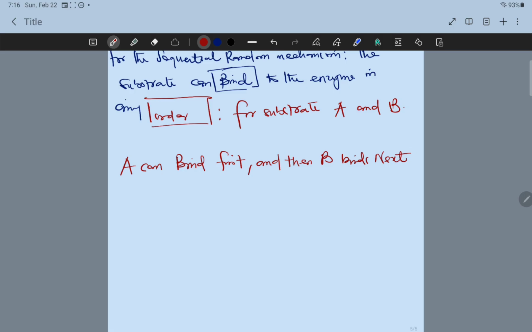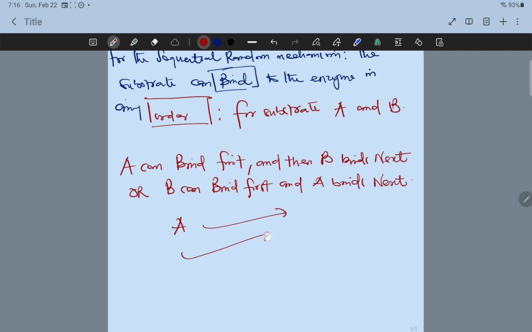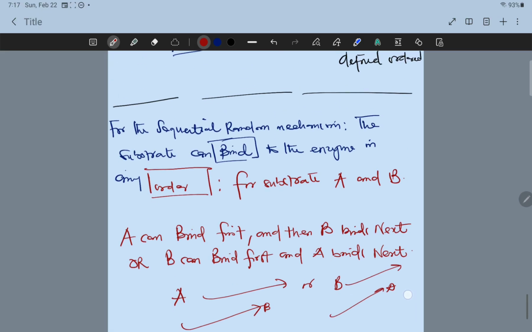Or better still, B can bind first, and A binds next. So either A goes in and then B follows, or B goes in and then A follows. So that is what we call the what?